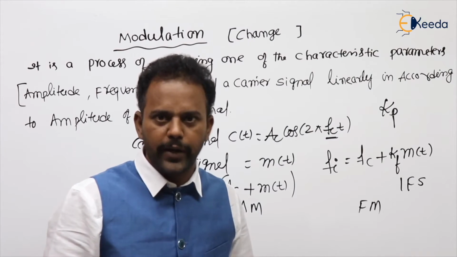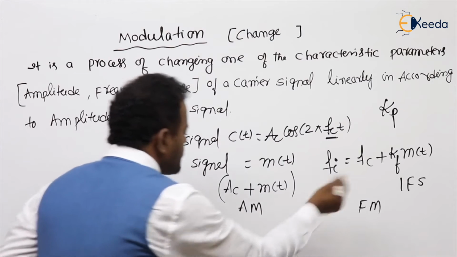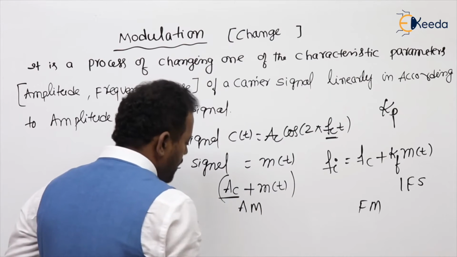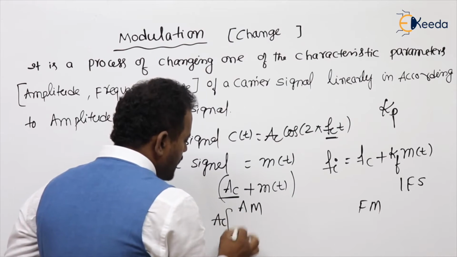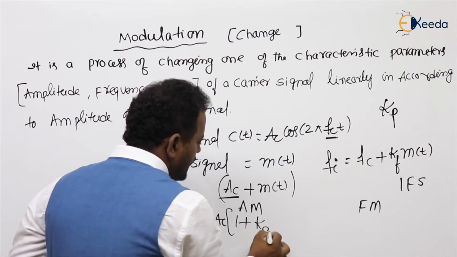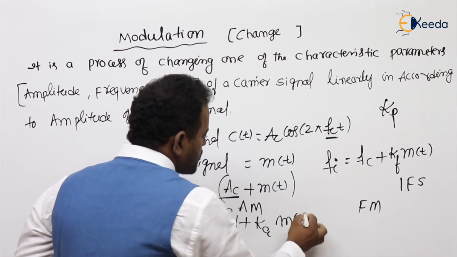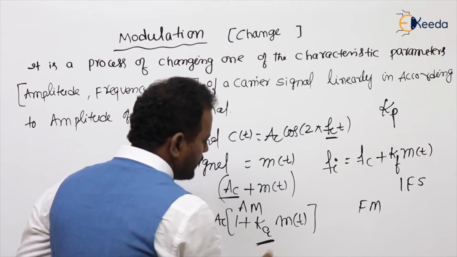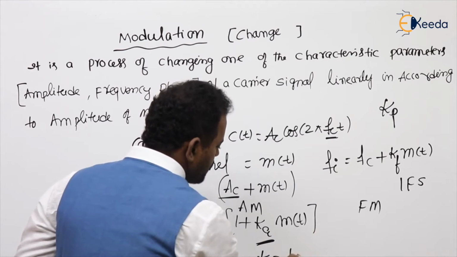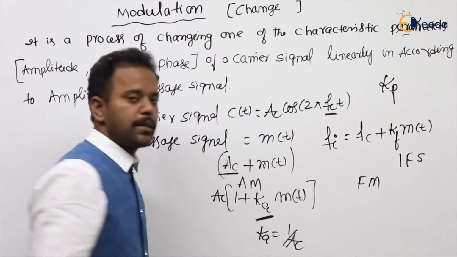Do you understand my point? So here, another parameter: we are taking Ac common. Then if you take Ac common, we get 1 + (1/Ac)..., and that is called amplitude sensitivity, denoted with ka. Of course, ka is 1 by Ac as we write it in the mathematics.